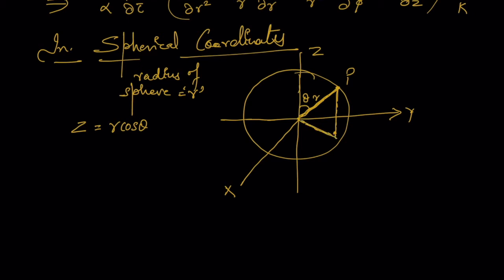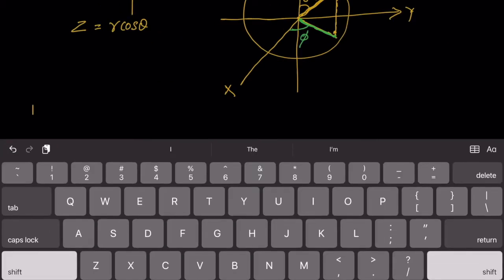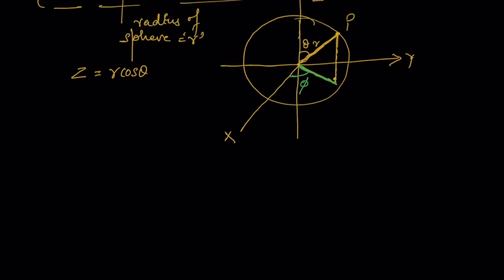Let me draw with some error. So this is r sine theta. Suppose this r sine theta is making an angle phi with the x axis. So if you take a component of this r sine theta, that will be your x.